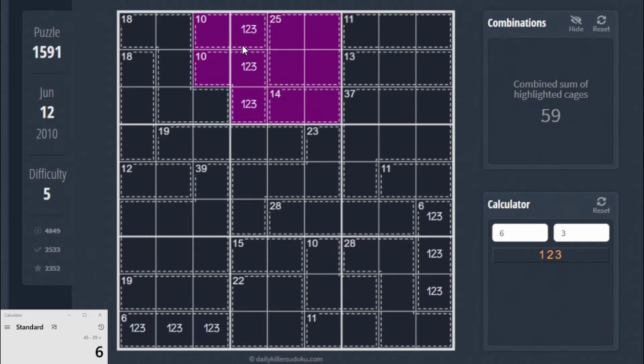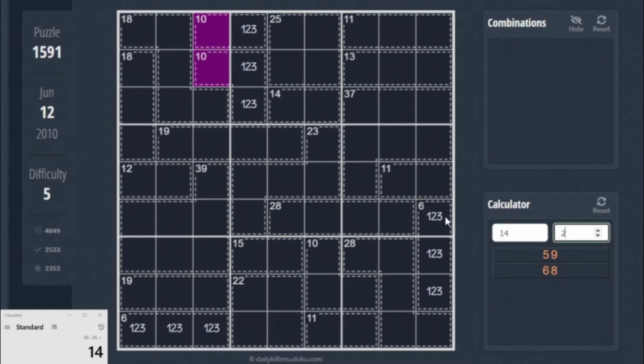into something like this, right, the total of these cells is gonna be 59, and we know that this whole block is 45, so this section is gonna be 59 minus 45, which is 14.